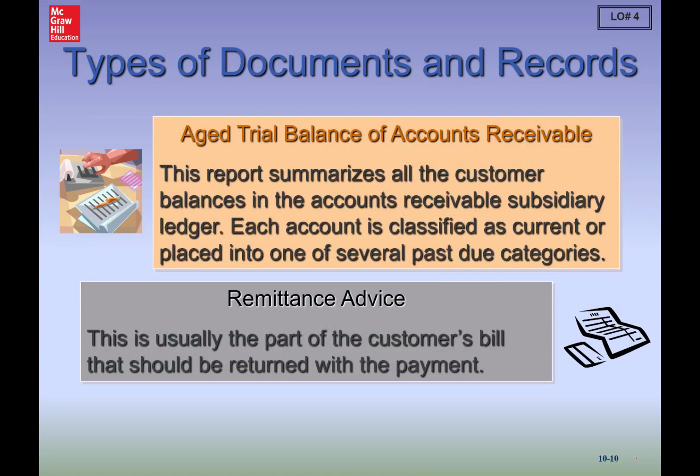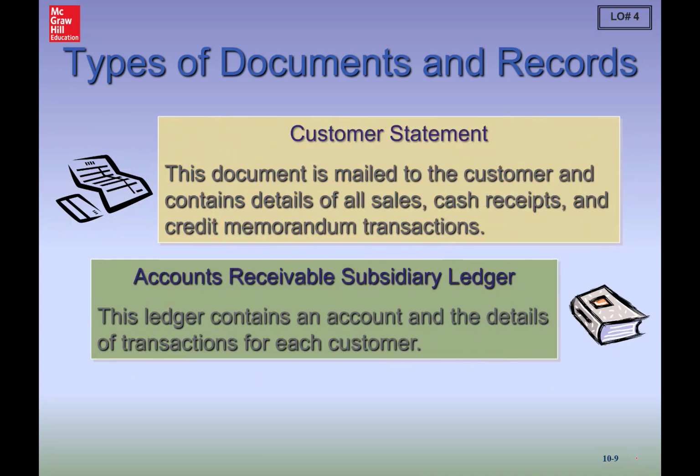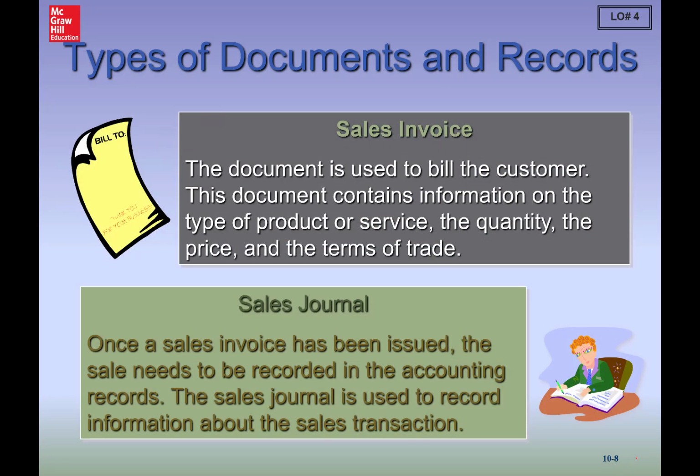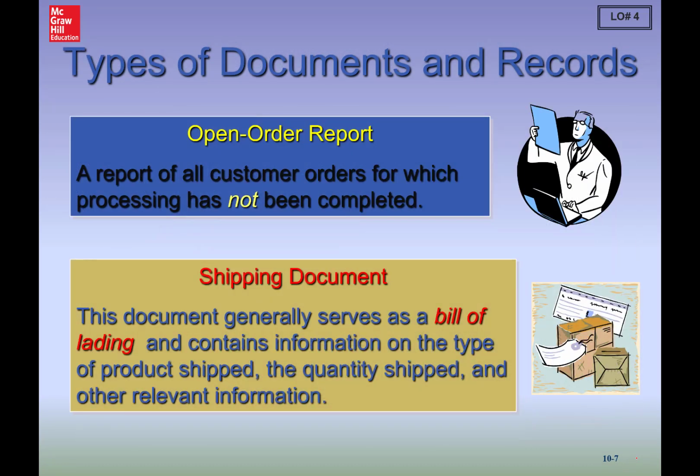Okay. Now, these other documents listed here, the sales invoice, the sales journal, the shipping documents, that goes back to our first class when we talked about directional testing. We talked about going from the sales journal to the supporting documentation, being the customer order, the shipping documents, the invoice.